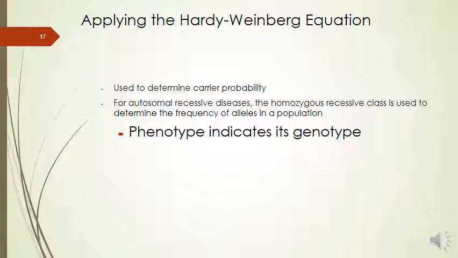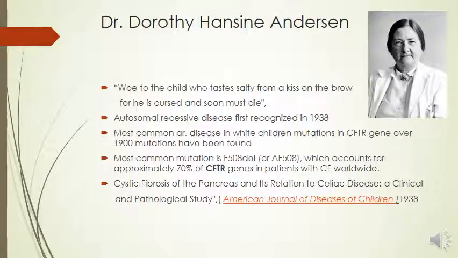This is typically the homozygous recessive class because its phenotype indicates its genotype. I would like to talk a little bit about cystic fibrosis. In history, we have known of this disease for centuries, and it has been written that woe to the child who tastes salty from a kiss on the brow, for he is cursed and soon must die.